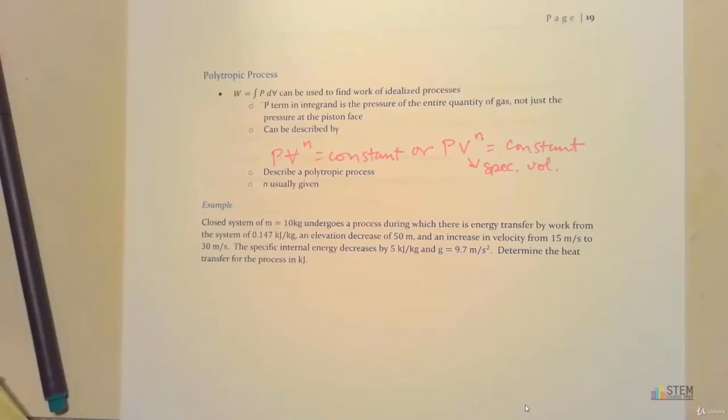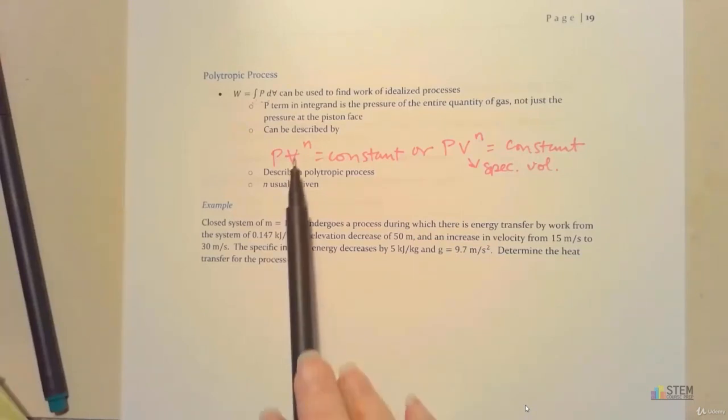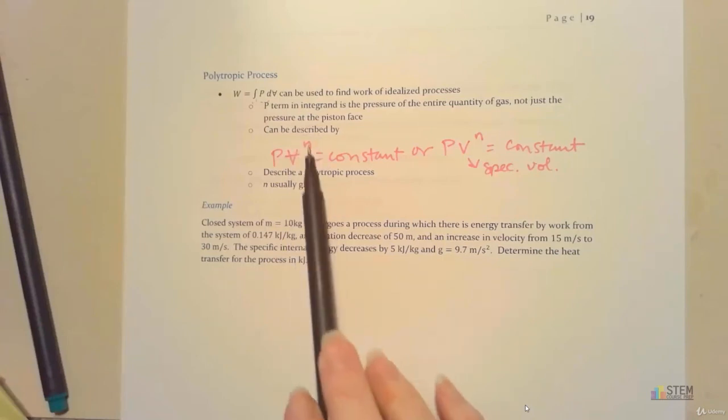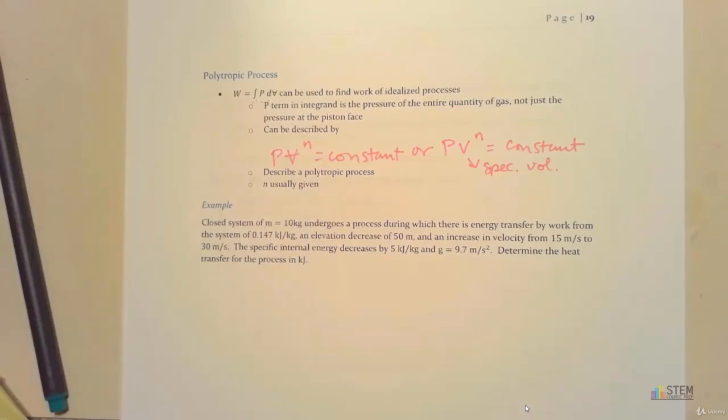Essentially this type of process, if you see that equation, is just an idealized process where you're assuming that P is the pressure of all of the gas, not just the pressure at the piston face. Okay, so that's all it is. I just want to point out that this n is usually going to be given to you, and if you see that, you've got an idealized process. All right, so we'll stop there with the notes and we'll pick it back up with an example next time.